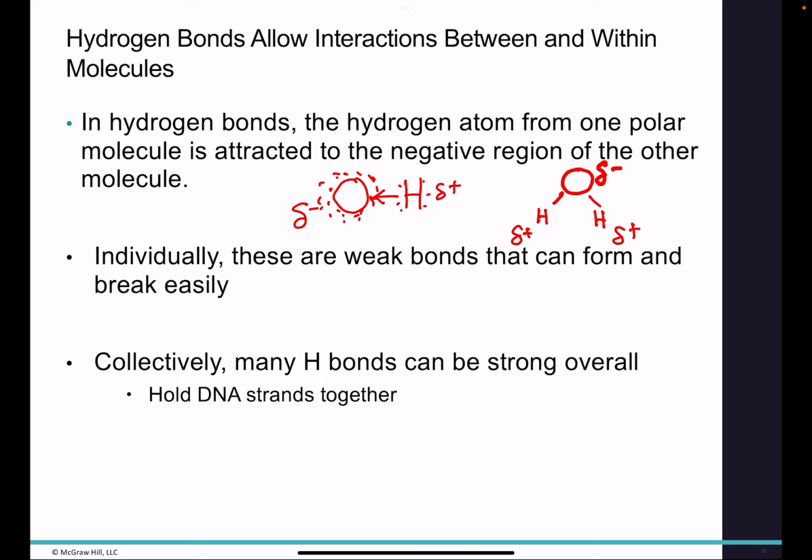Now, what this means for interaction between molecules is that a single attraction is not nearly as strong as the actual sharing or the loss of an electron. However, when you have a whole bunch of hydrogen bonds all together, basically making a network of hydrogen bonds, they become really, really strong. So for example, if we have a droplet of water, this droplet of water is going to stay together.